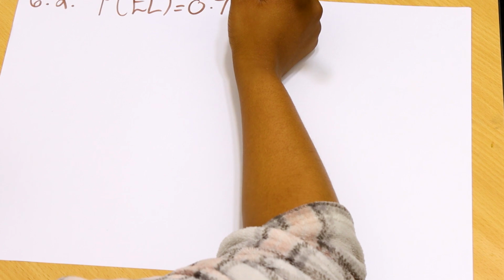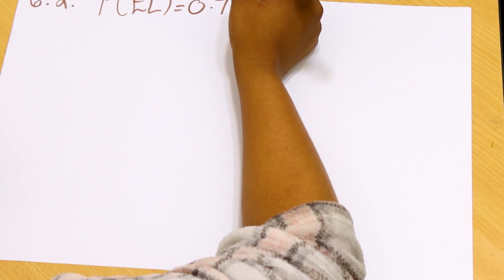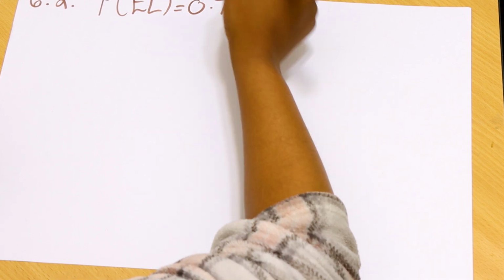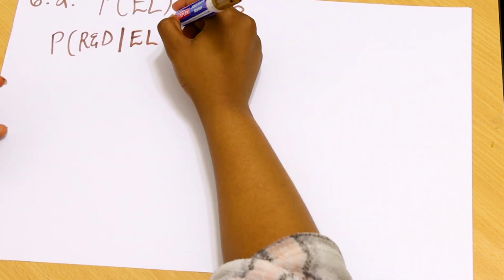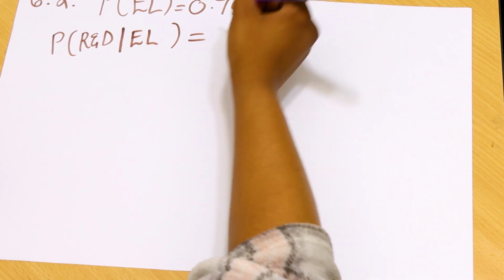Then they say the probability that they work in the research and development department, given that the employee lives in East London, is 0.2. So they say the probability that they work in R&D, I'll just write R&D for research and development, right? Given that they live in East London is 0.2.